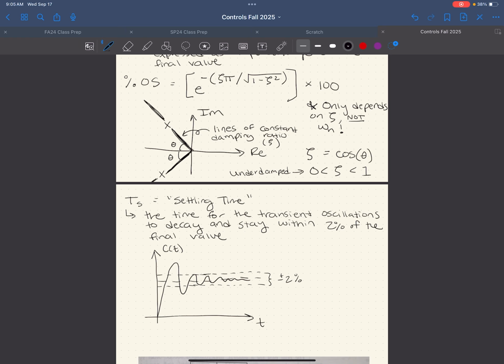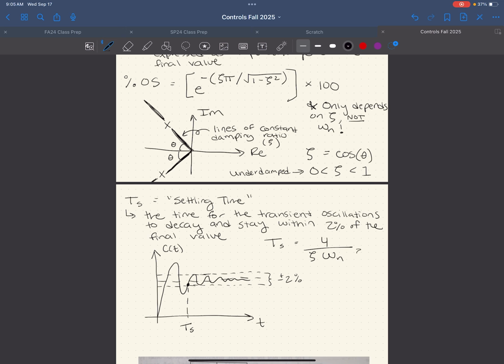So that is obviously happening right here, and right here would be our settling time. My equation for settling time is a bit simpler than our previous specification: 4 over zeta omega n.